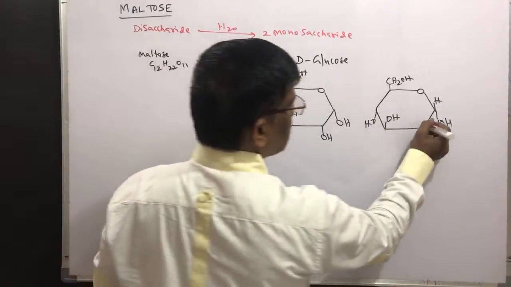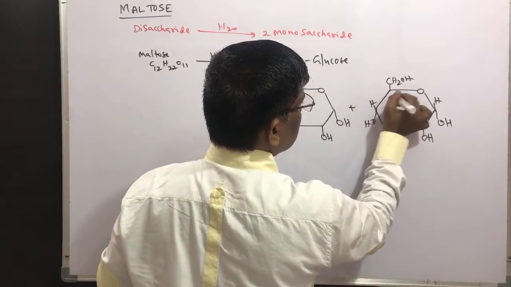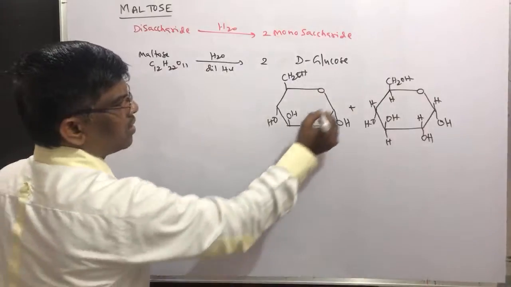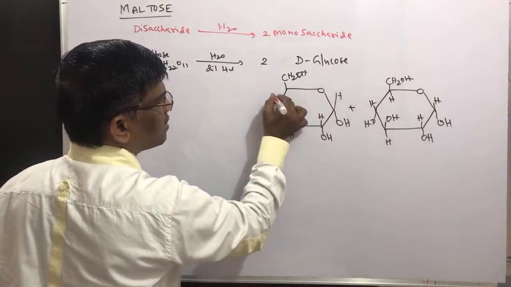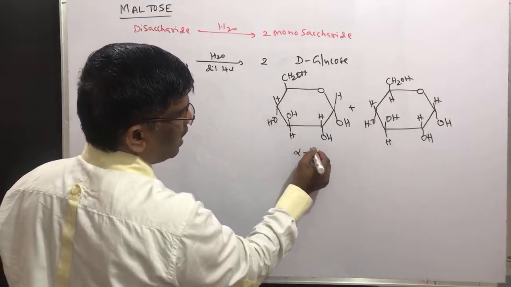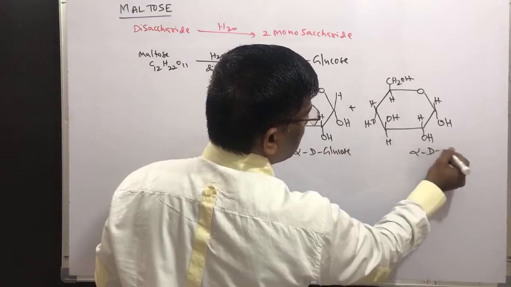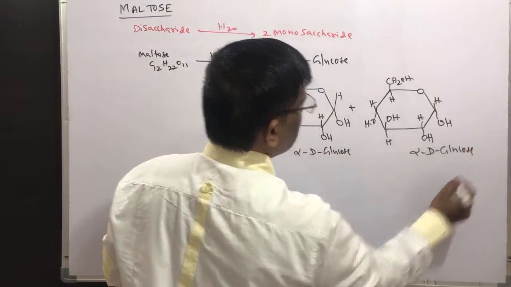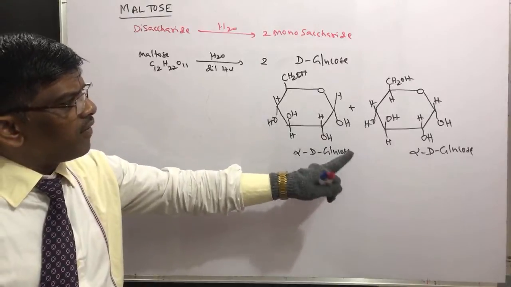Yes, what is the remaining? I can say 2 glucose molecules obtained upon hydrolysis of maltose: alpha D glucose, alpha D glucose. So now we know the glucose structures. This is alpha D glucose.